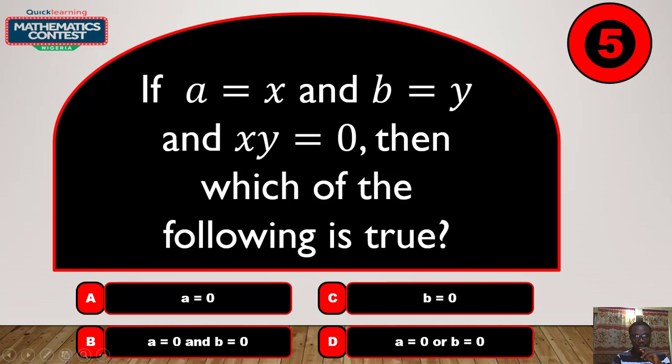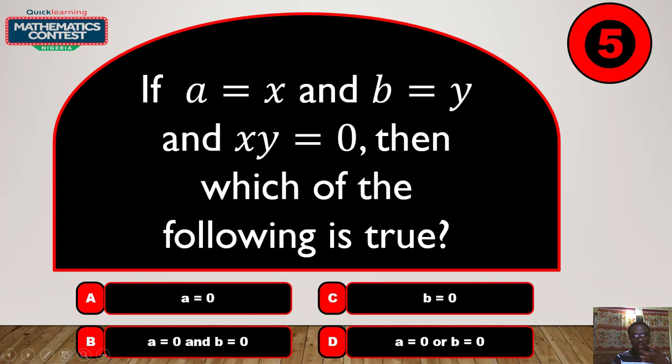If x is 0, 0 times whatever y is could actually give us 0, but that may not be sufficient. If b equals 0, it also means y is equal to 0, and y times 0 times x will give us 0. Now, if we say a equals 0 and b equals 0, what it means is this: if a equals 0, it means x is 0 too and y is 0.